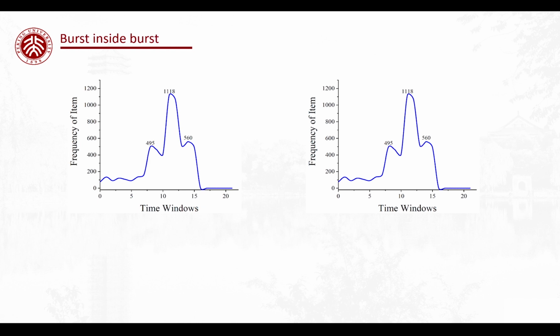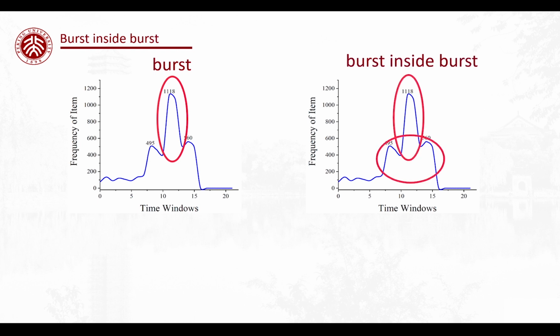We also have an extended version to detect bursts inside burst. In our basic version, only the middle burst with the largest peak value will be regarded as a burst. It can make sure there is just up to one burst at the very moment. In the extended version, we also regard the bottom one as a burst since it also has a certain increase and a certain decrease.